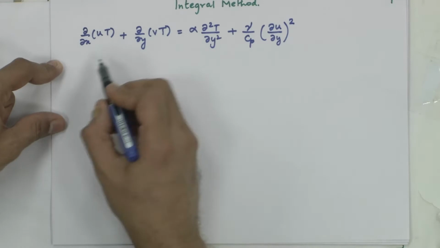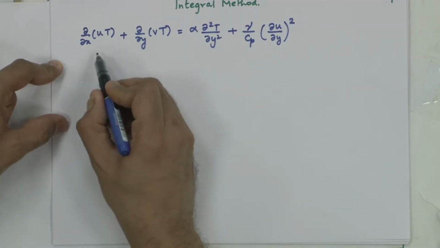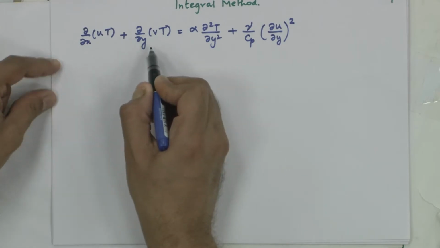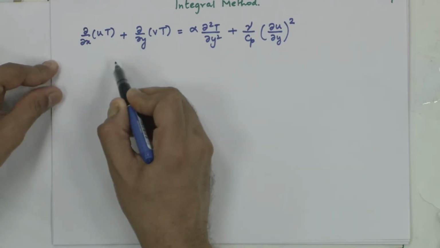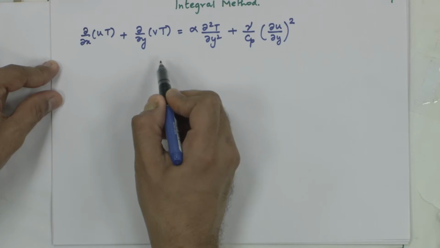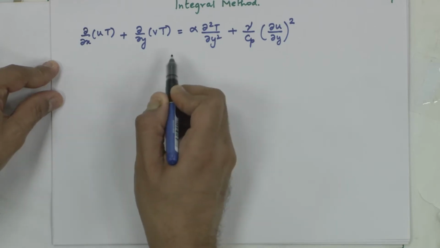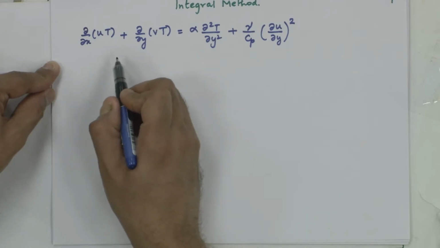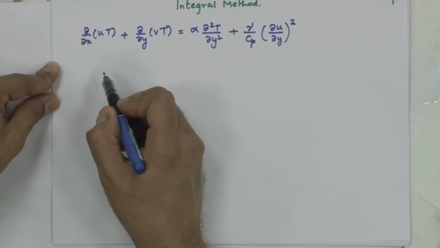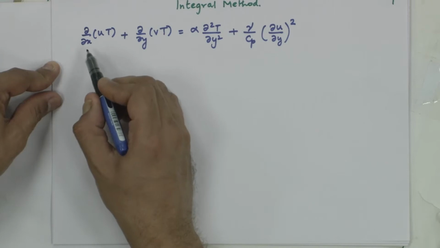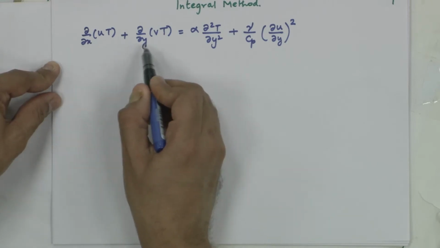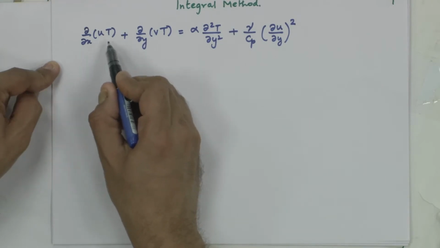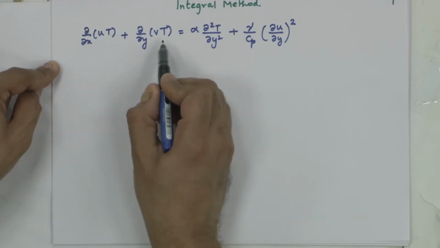When you start off with this form, this can be written as u dT by dx plus v dT by dy plus T times (du by dx plus dv by dy). The du by dx plus dv by dy goes to 0 by the continuity equation. So, the left hand side of the energy equation, rho Cp times u dT by dx plus v dT by dy, can be written as rho Cp times d by dx of uT plus d by dy of vT.